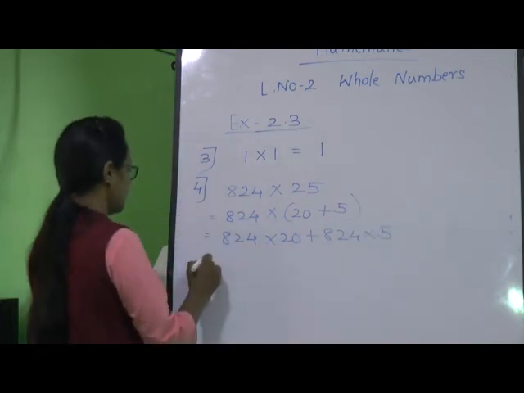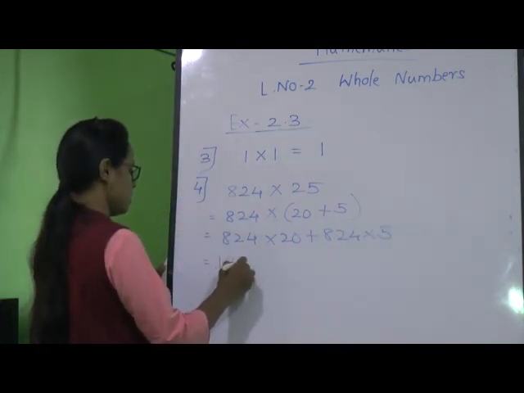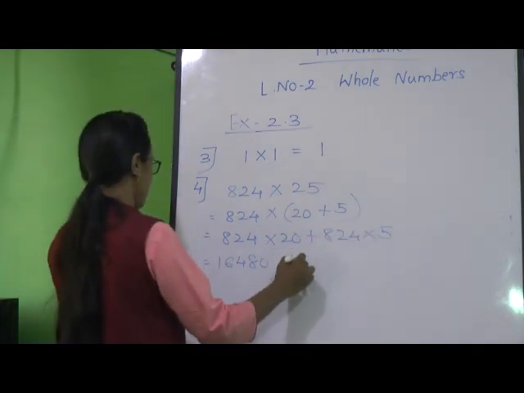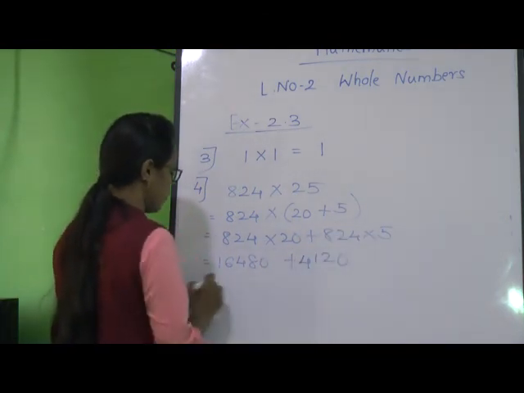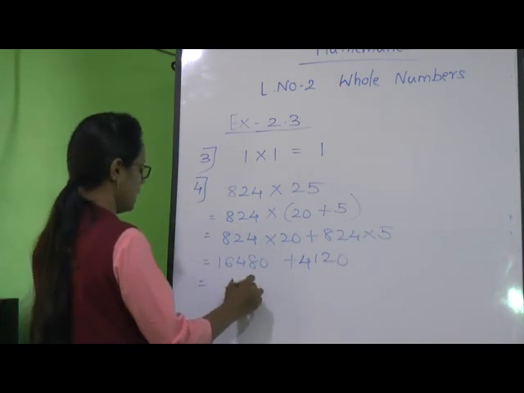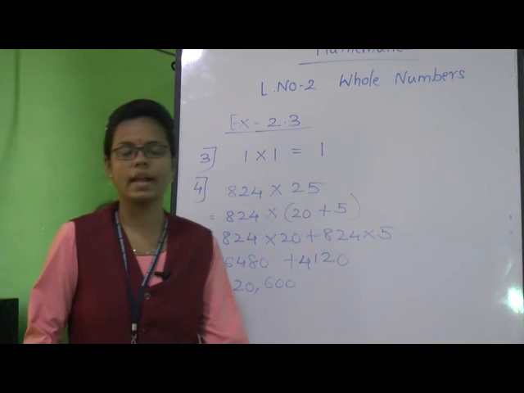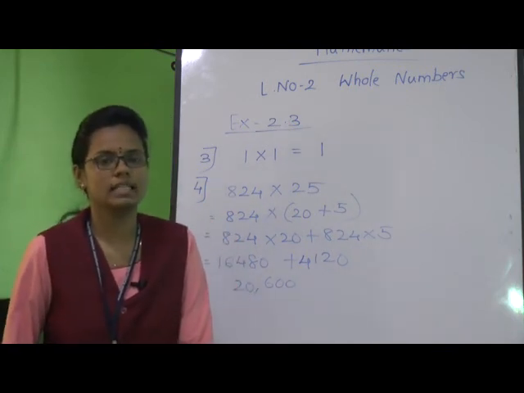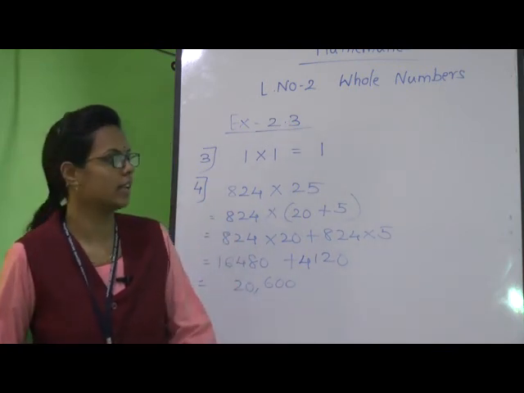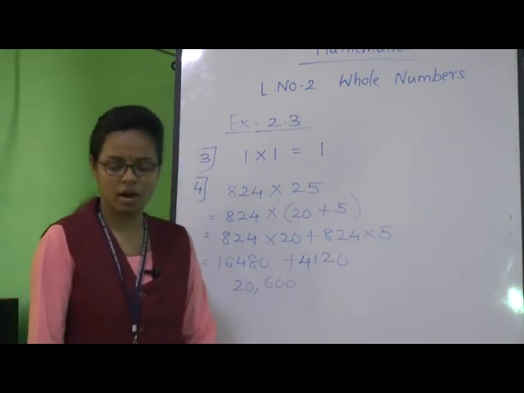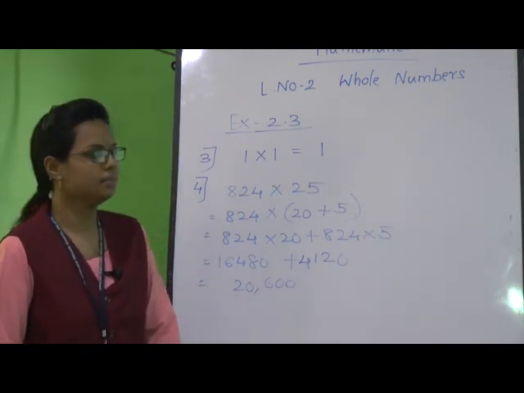When we multiply this we get one result, and 824 multiplied by 5 we get another, and after addition we get 20,600. Okay. So these were the examples from exercise 2.3 till question number 4. Now we will solve one more pattern. See the question.